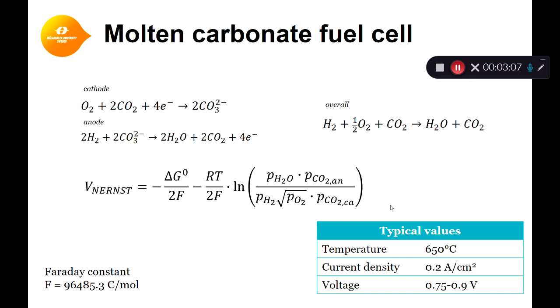So in this way, you can calculate the power density for a cell, and you can see that hundreds or thousands of cells in the stack are needed to reach a reasonable amount of power for different applications.